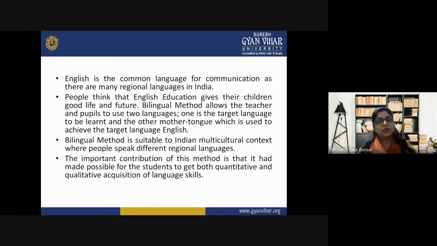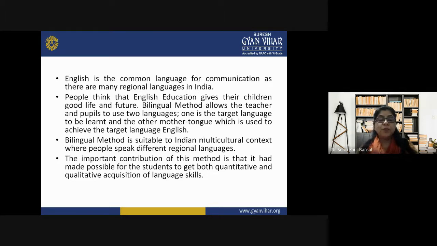Many people who are North Indian may not be very well versed in the English language, but if you go to the South, they are well versed with English. So if you want to communicate with your own country people, then English is the best common language to talk to them. But the question arises when you have a regional language, a mother tongue also, and you are not understanding a few words of English.